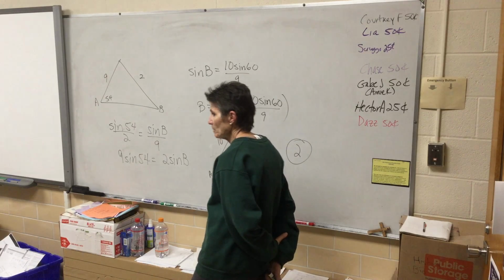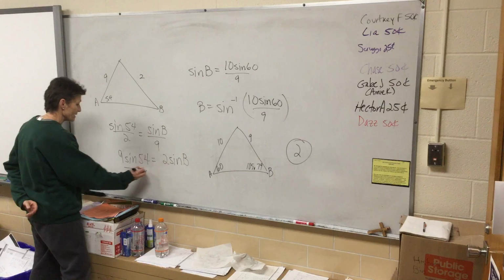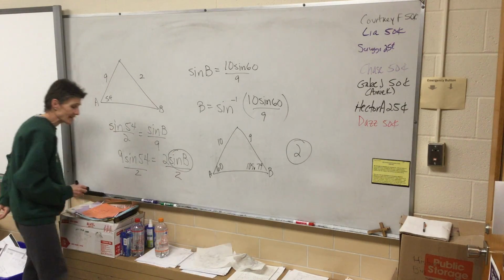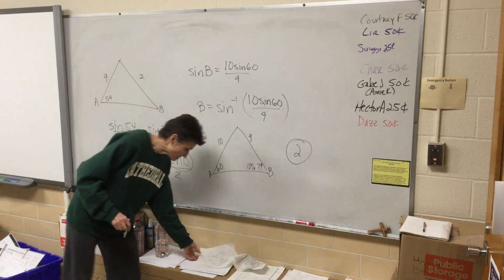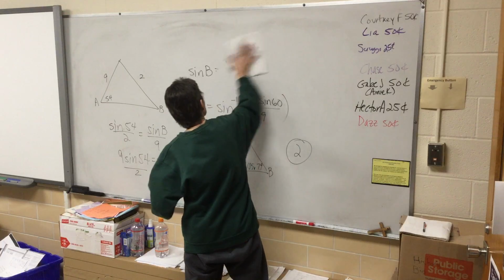All right, Caroline, tell me what to do next. So you divide it by 2. Yes, because I am solving for this. That's my variable. Sine b is my variable. So I have to get it by itself.